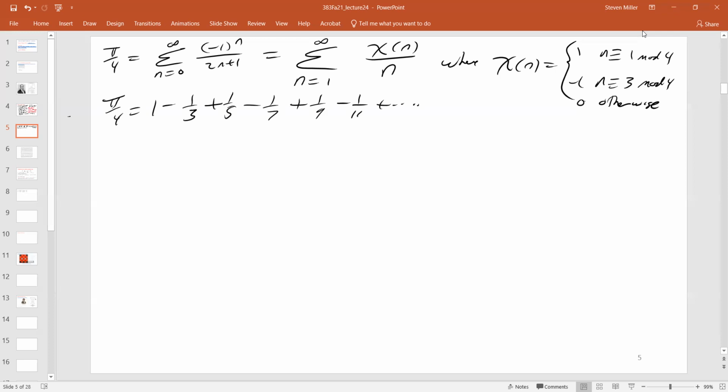So if we define this new function chi of n, this has some very interesting properties. What is chi of n times m? Chi of n times chi of m. Does this need to be proved? Yes. How many cases are there to consider?